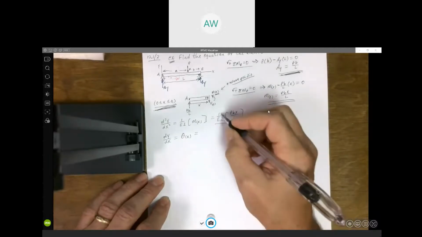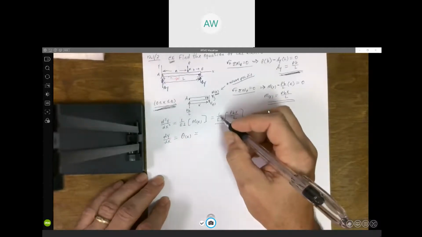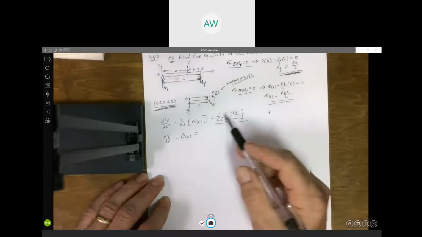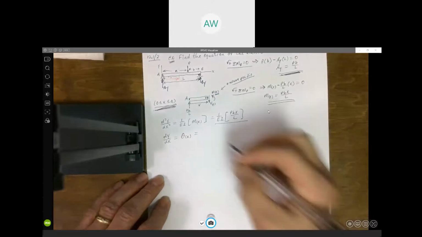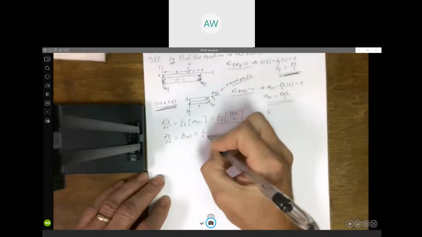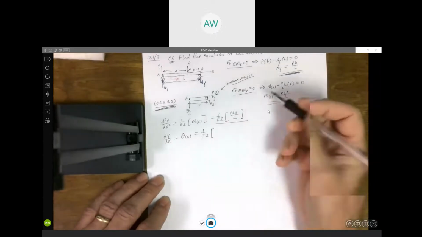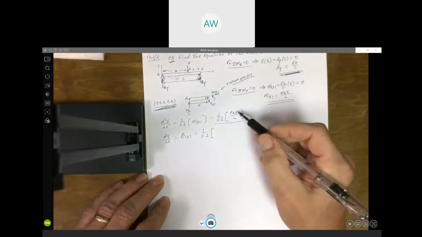I mentioned this yesterday, we're always assuming E and I are constant with respect to x. So no tapered beams where the cross-section changes, no material changes. So 1 over EI, we can just pull that constant out. And we integrate with respect to x.